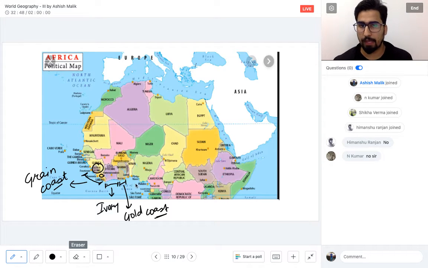And then we have the place which is shared by Togo, Benin, and Nigeria. If you see this particular coast, guys, this used to be called the Slave Coast. Please mark it up.